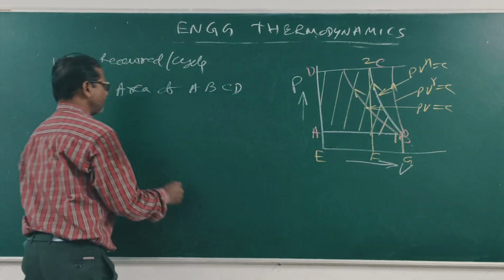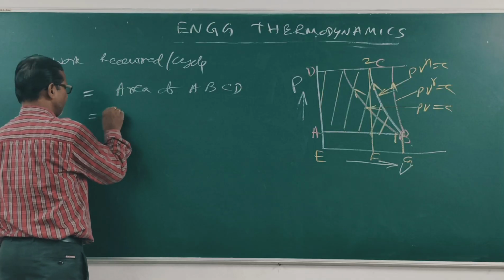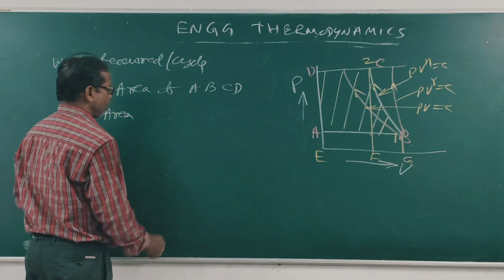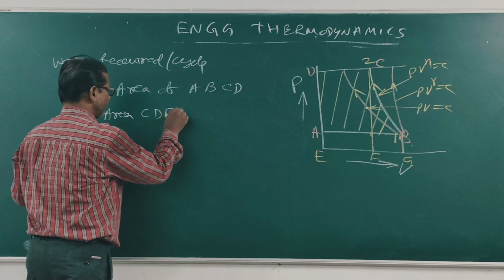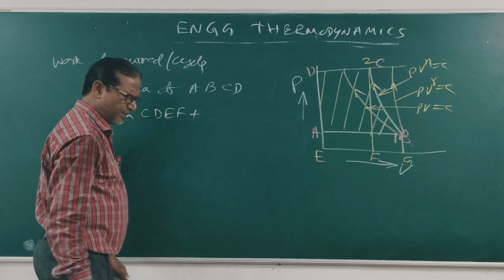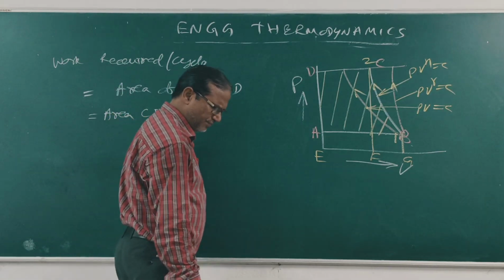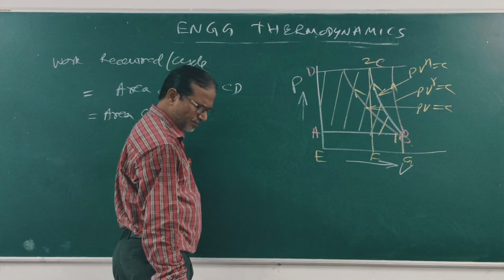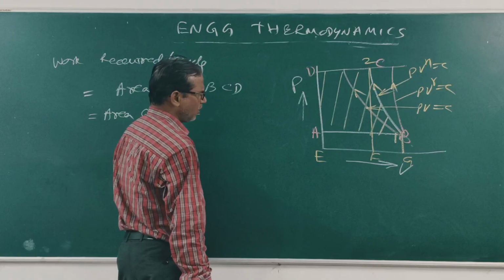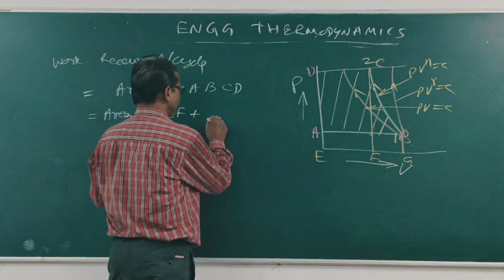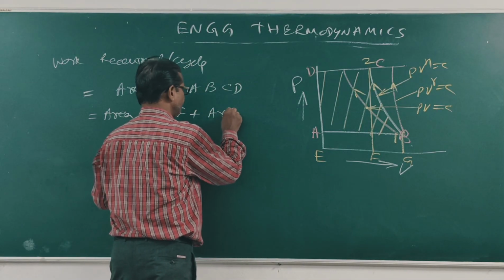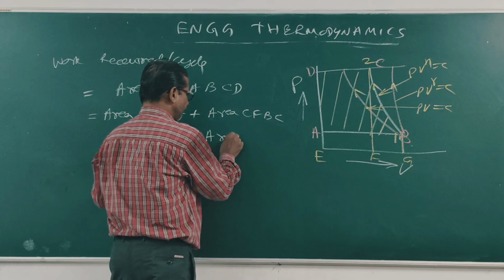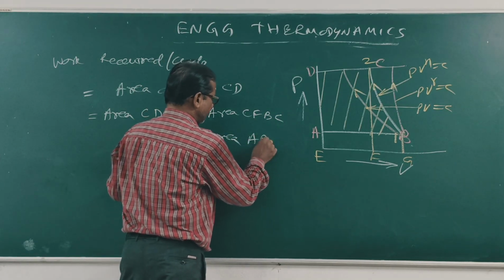The area CDEF plus area CBFG or CFGB minus area ABG.